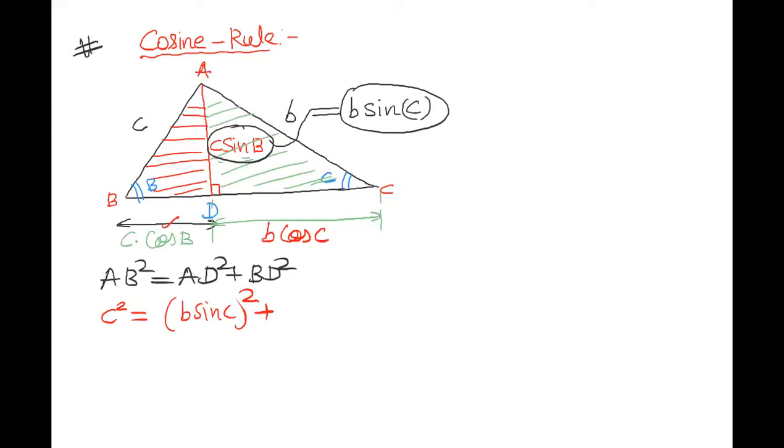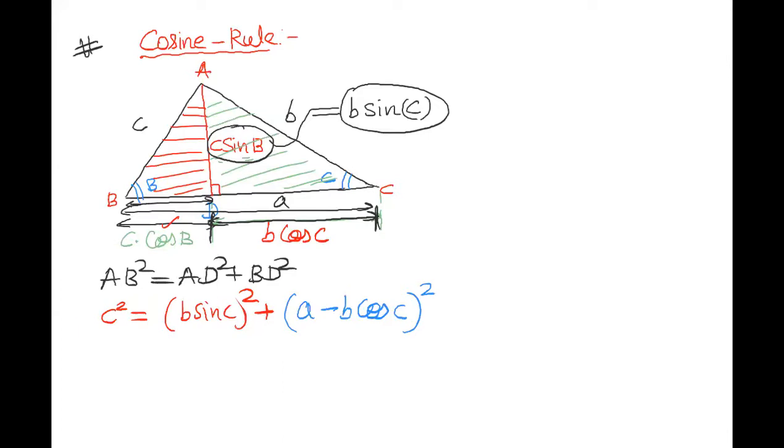This total side length is small a. If from small a I subtract b cos C, I will get BD. So BD I can write as (a minus b cos C) whole square. Clear? I just want C in this entire expression. That's why we are writing like this.